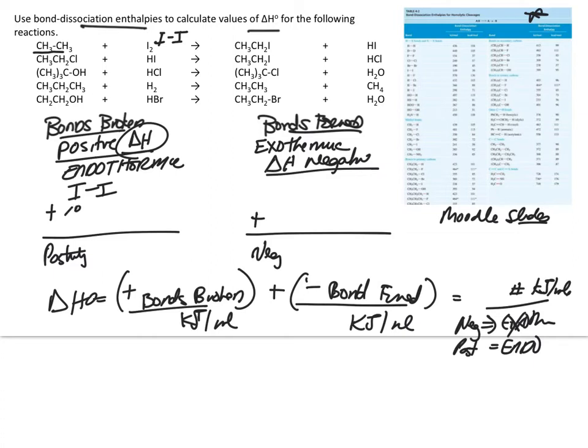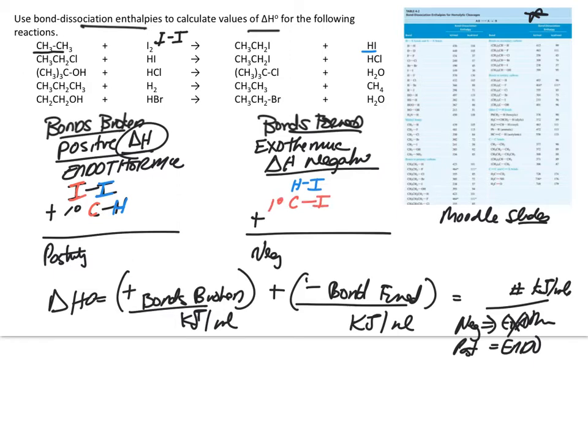So the primary CH bond has to break, and then the bonds being formed are this hydrogen here with the iodide, so HI, and the carbon with the iodide, and it's going to be a primary.